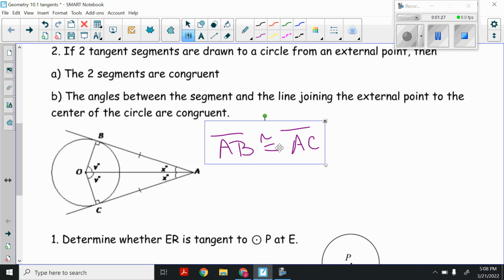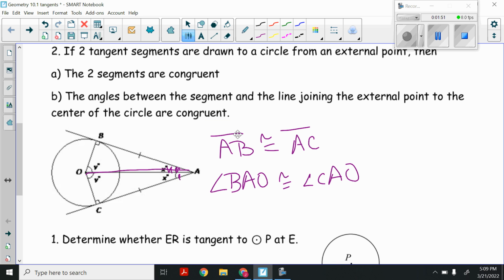And then the angles formed between those and the center. So this first angle here, I could say that angle BAO is congruent to the angle on the bottom, angle CAO. So that's what those two parts of that theorem state.